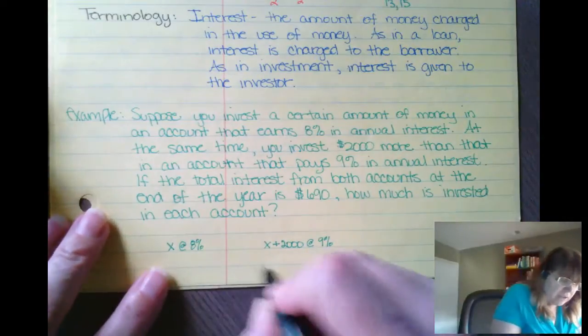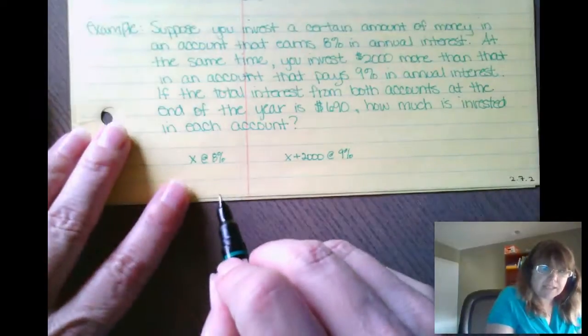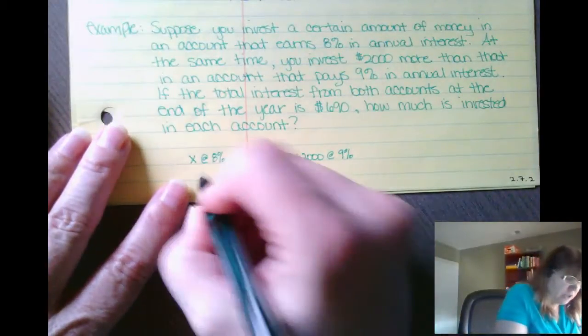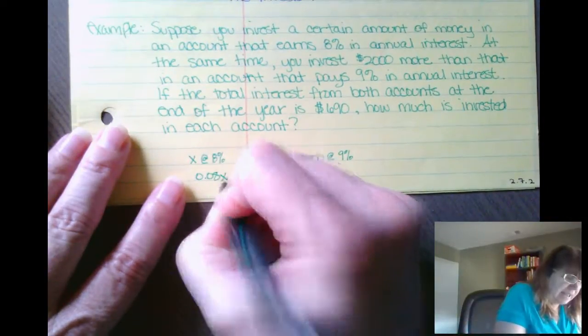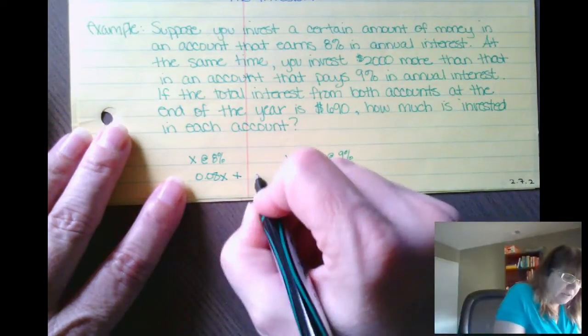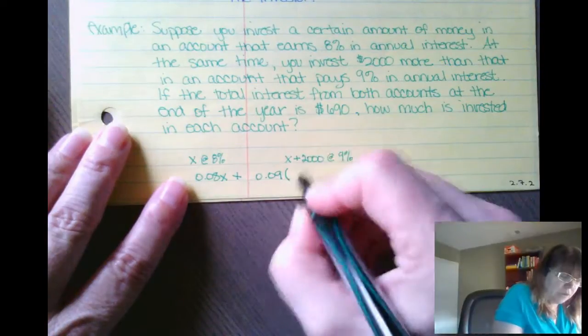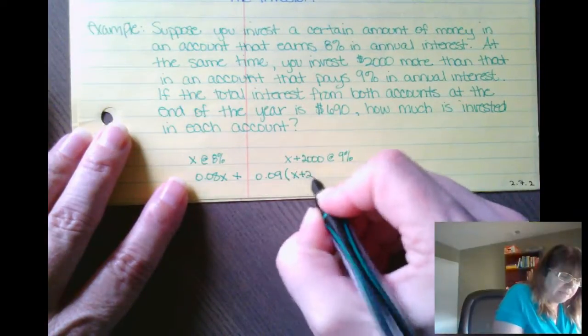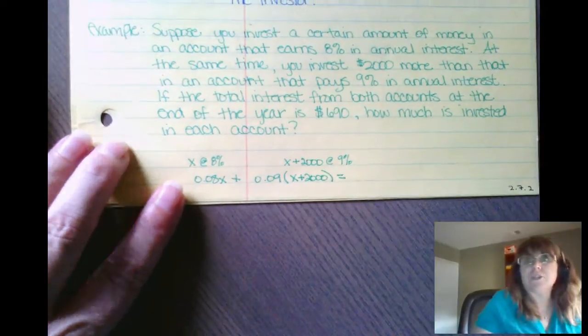So to figure this out, I'm going to change my percent over to decimal. So it's going to be 0.08x plus 0.09 times the quantity x plus 2,000 equals how much interest I made.